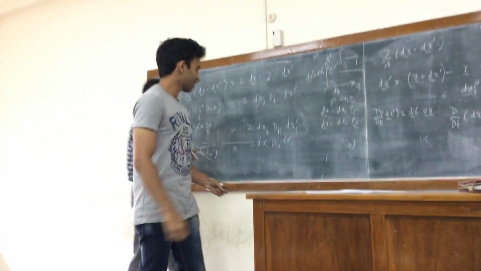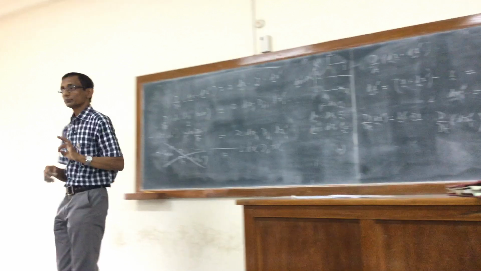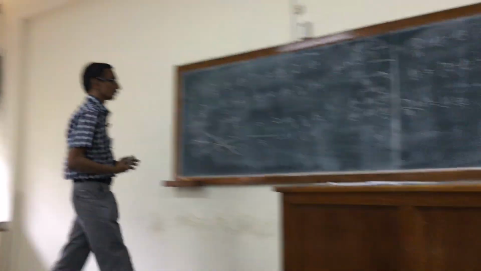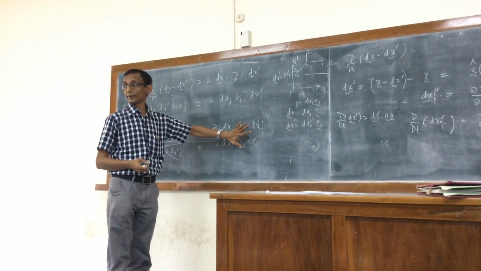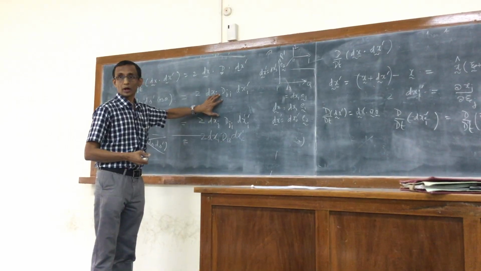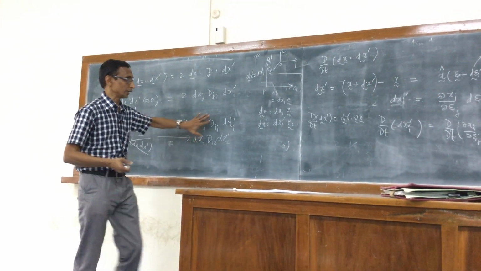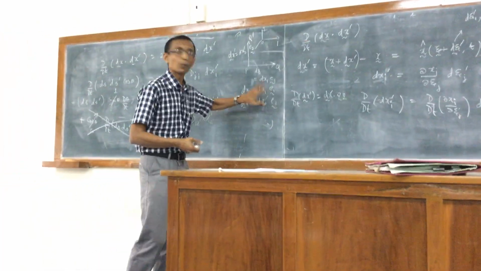Go back. So dx1. This is the only term that could come. You can easily verify that that is the case because the index j runs from 1 to 3. So those are the components of dx, but it has only one component.